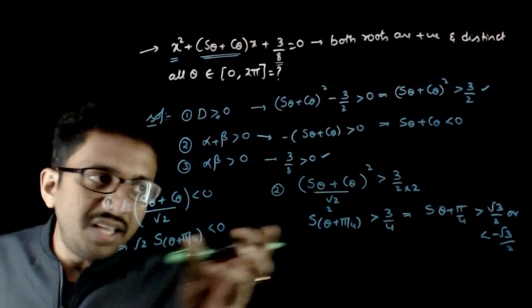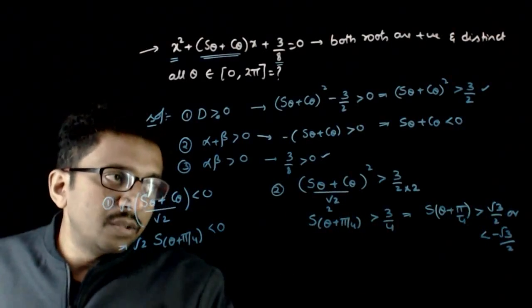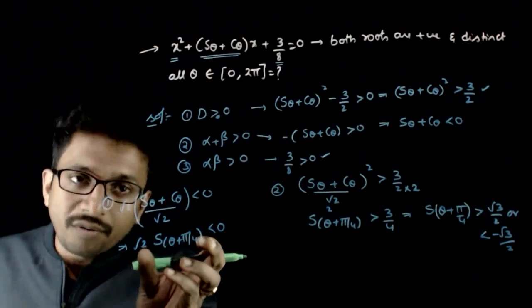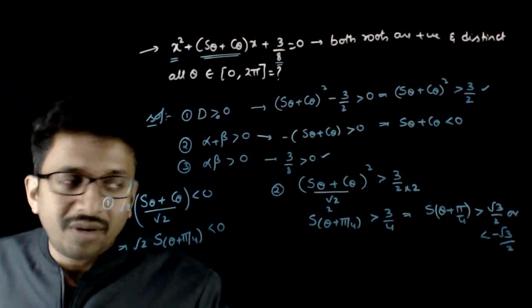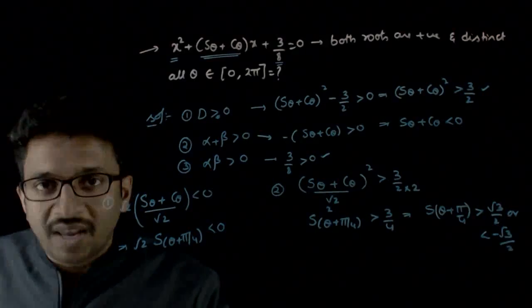So let us check each of these conditions. What I try to do is draw the graph of root 2 sin (theta plus pi by 4) and sin (theta plus pi by 4), and check the values for which this is valid.